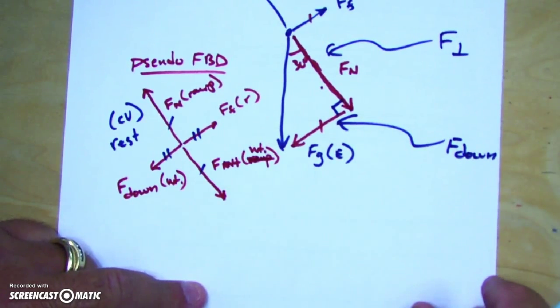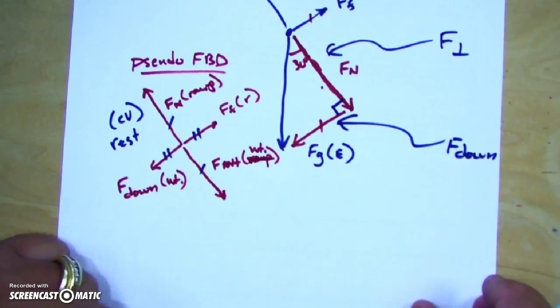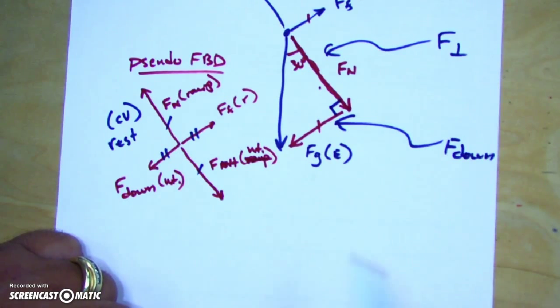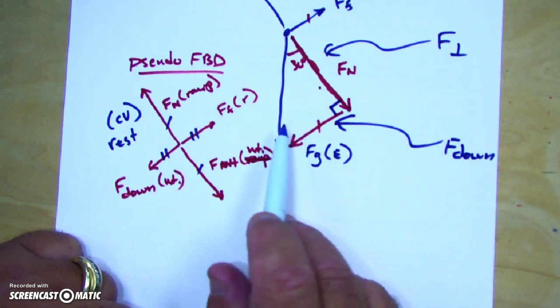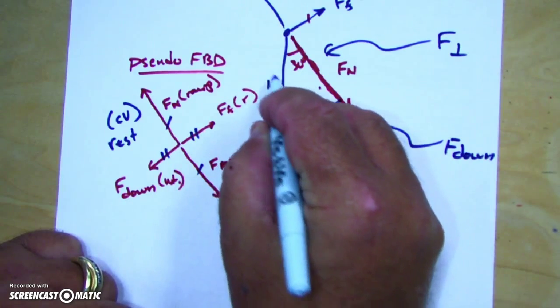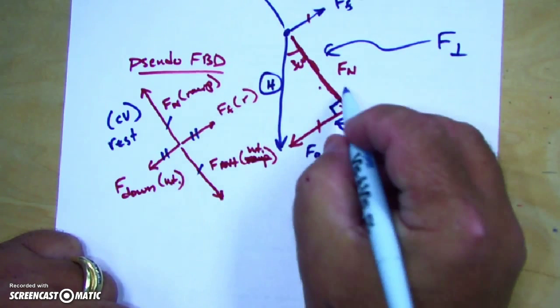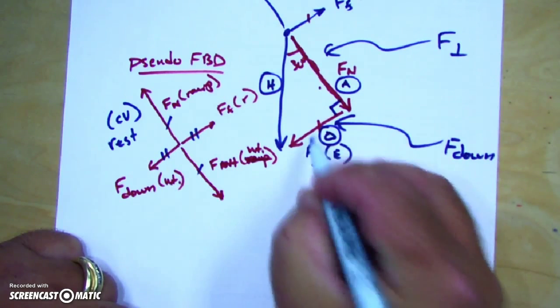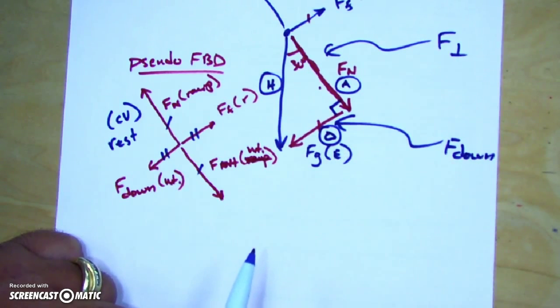And maybe that'll help us stay away from normal for just a minute. Now it's equal to the normal. So if I look at my triangle, this becomes my hypotenuse. This side is adjacent to the angle. This side is opposite of the angle. So now I can use my trig functions to help me.